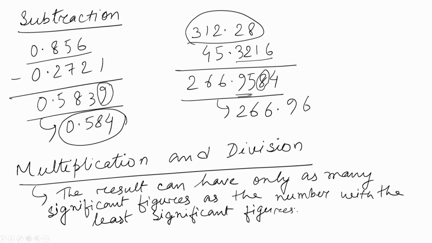So, the result can have only as many significant figures as the number with the least significant figures. Okay. We will see this with some examples. Let's say we have 2.5 multiplied by 3.5 multiplied by 0.021.